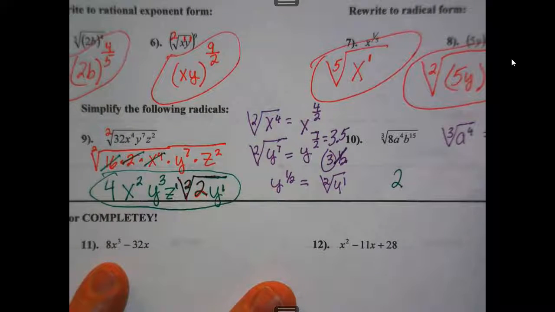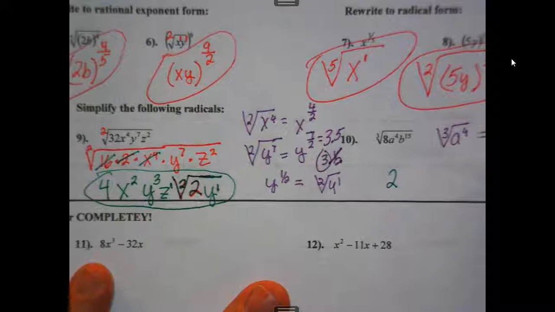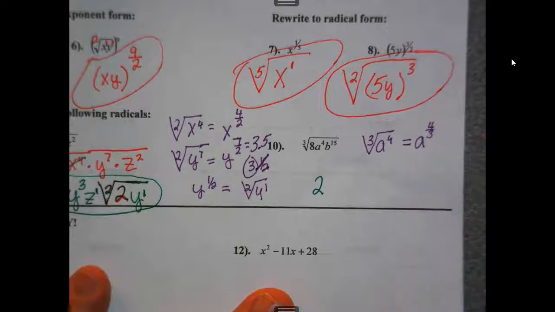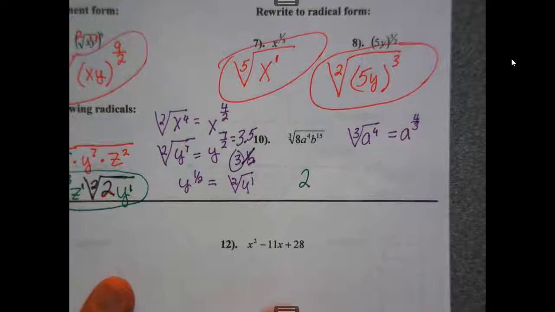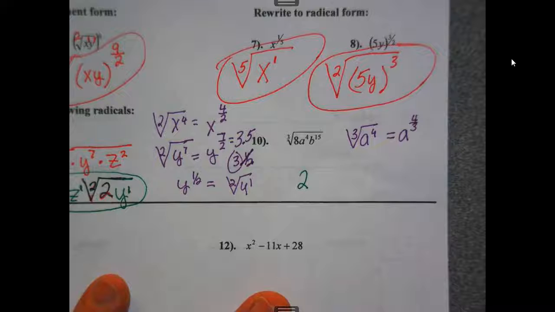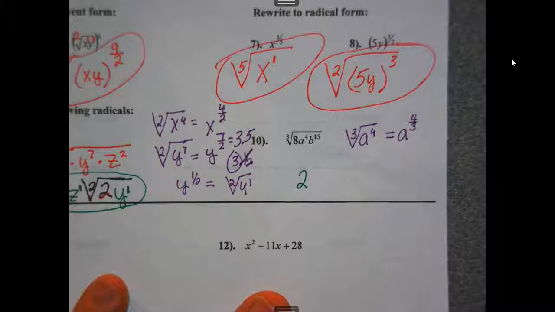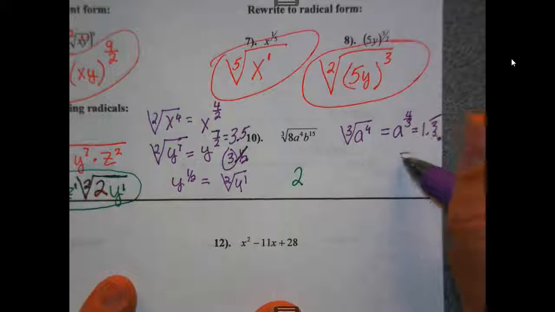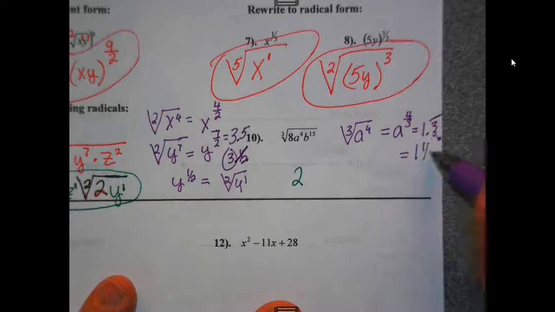Okay, so to write this in exponent form, it's a to the 4 divided by 3, right? What is 4/3? Put that in your calculators. What is it? 4/3 is 1 1/3, or 1.33333, keeps repeating, or as I like to use fractions, 1 1/3.